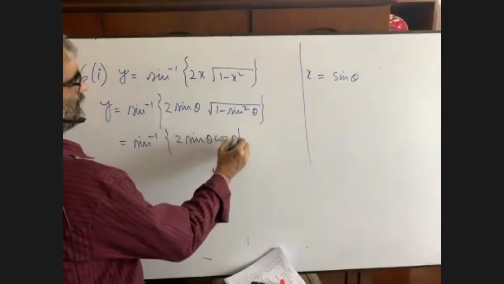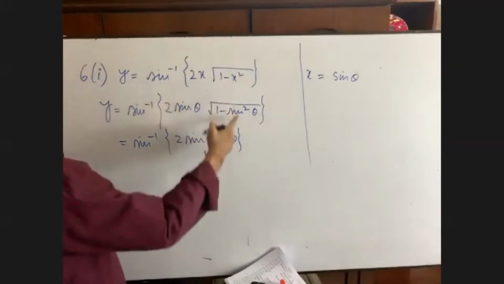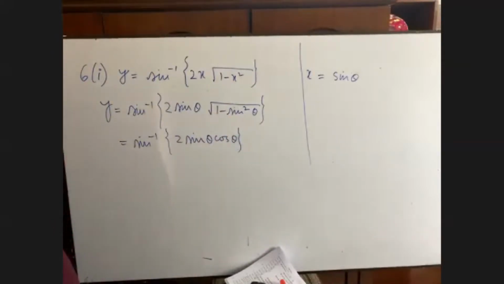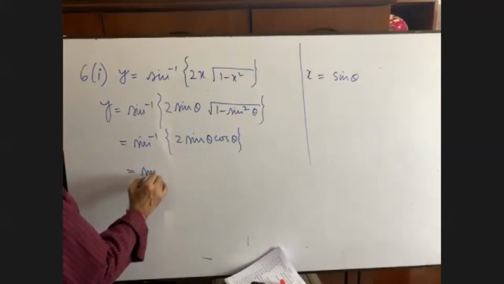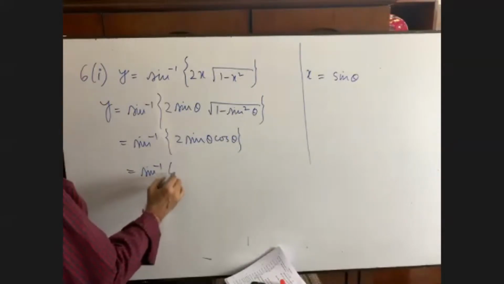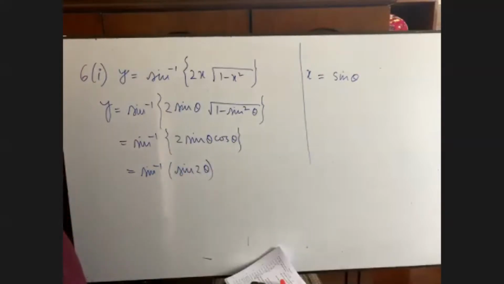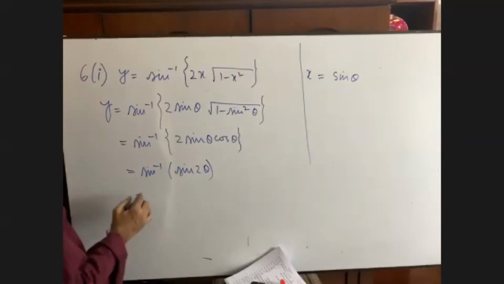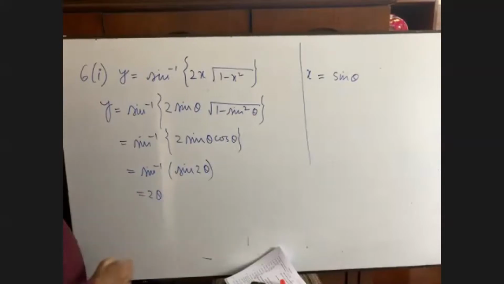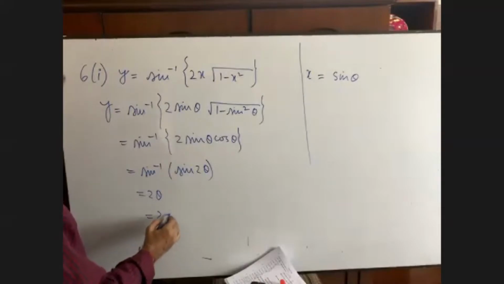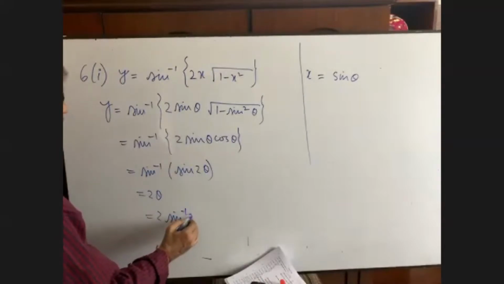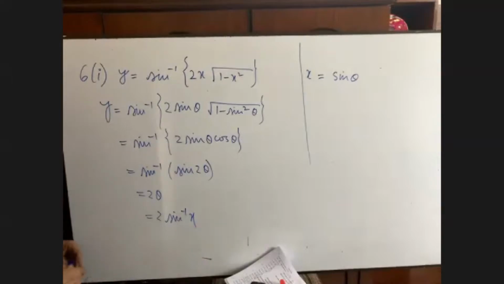Interesting fact is that if we let cos theta, we'll get the same. That is sine inverse of sine 2 theta. Sine inverse and sine will be omitted, so we are left with 2 theta. So y equals 2 sine inverse x.